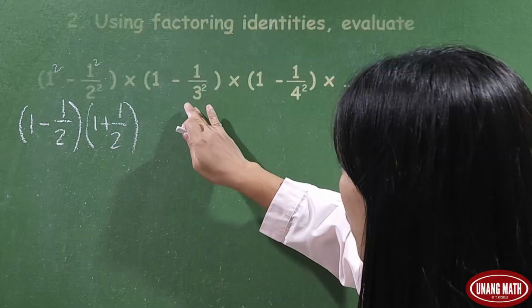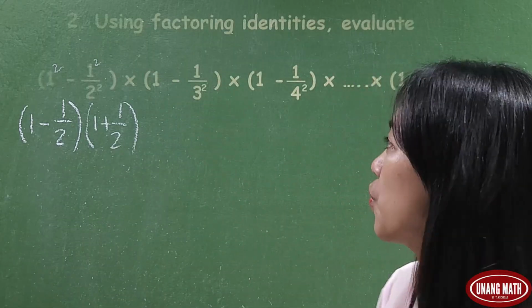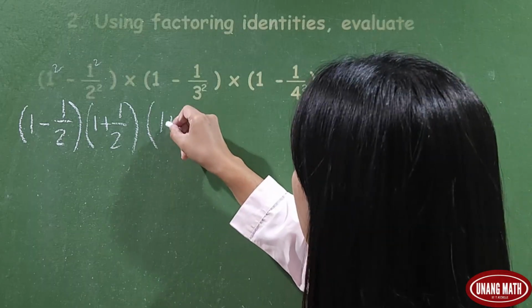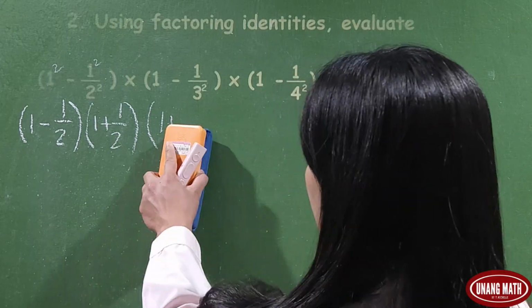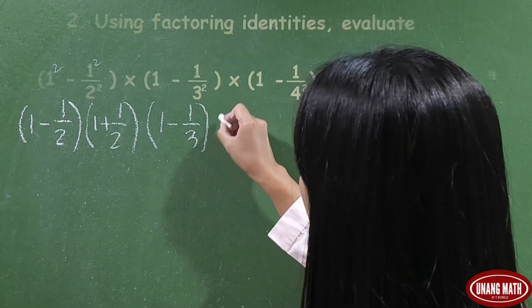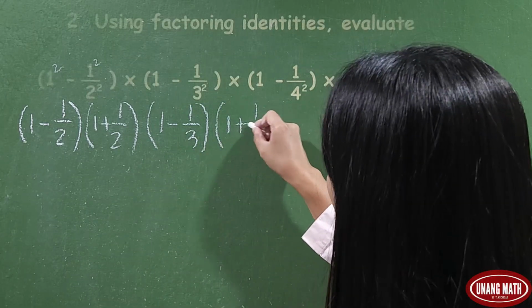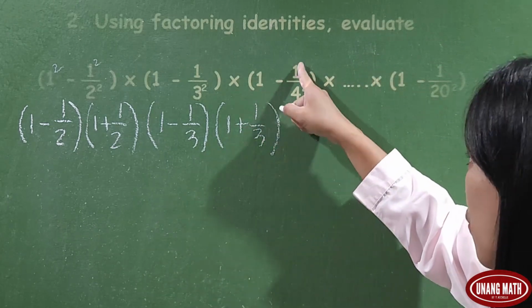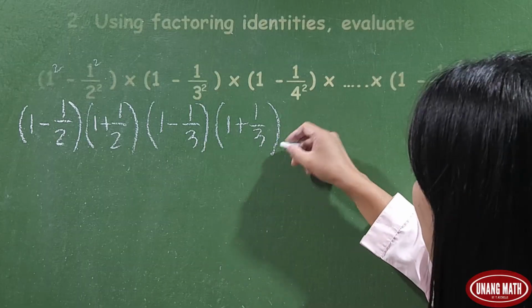1 minus 1 over 3 squared, also difference of squares. So this is then times 1 minus 1 over 3 times 1 plus 1 over 3. Same with this 1 minus 1 over 4 squared. Difference of squares also.